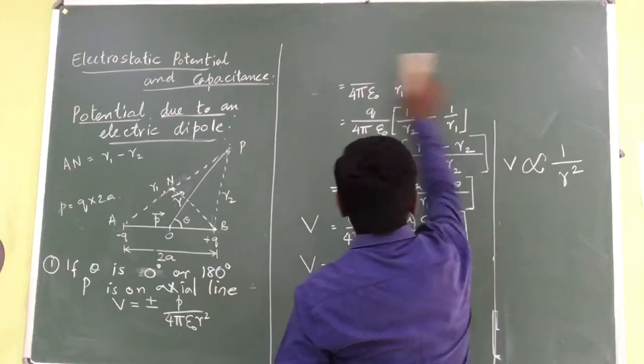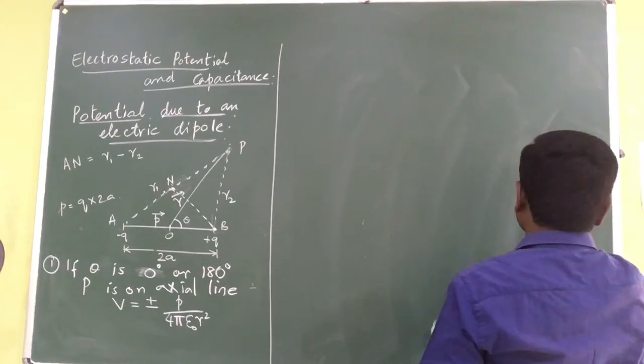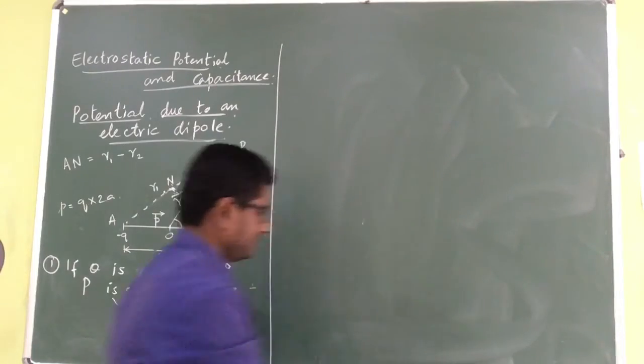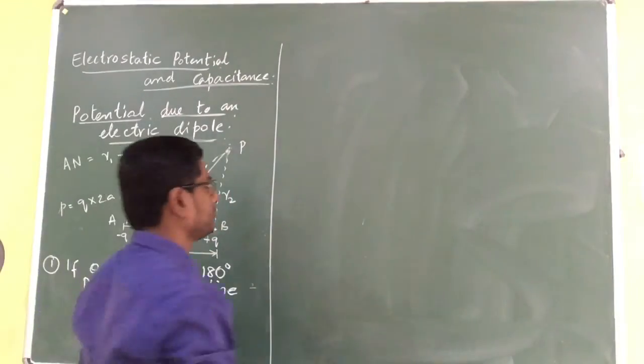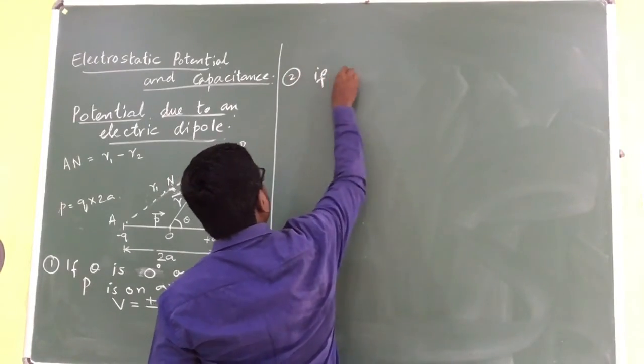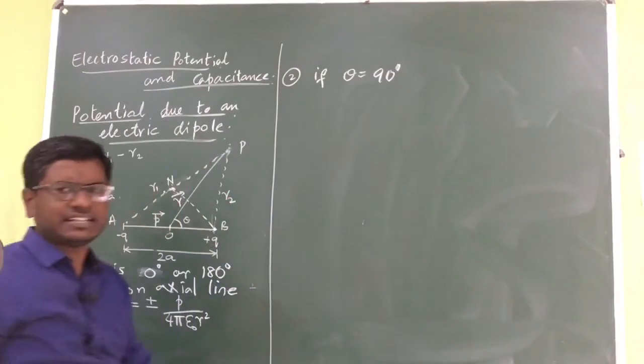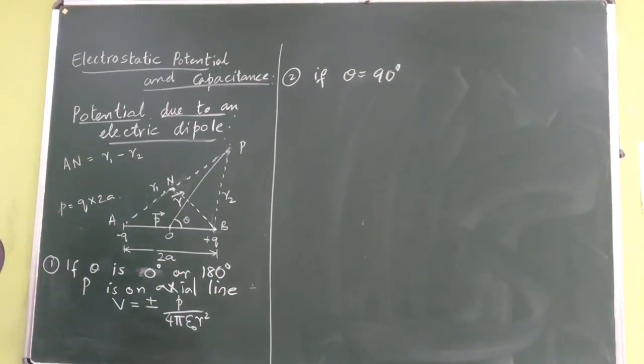Next, another special case, that is if theta becomes 90 degrees. I hope you can recall the value of cos 90. That is the second special case, if theta equals 90 degrees. Or you can take it as 270 also, but that is not going to make any change.